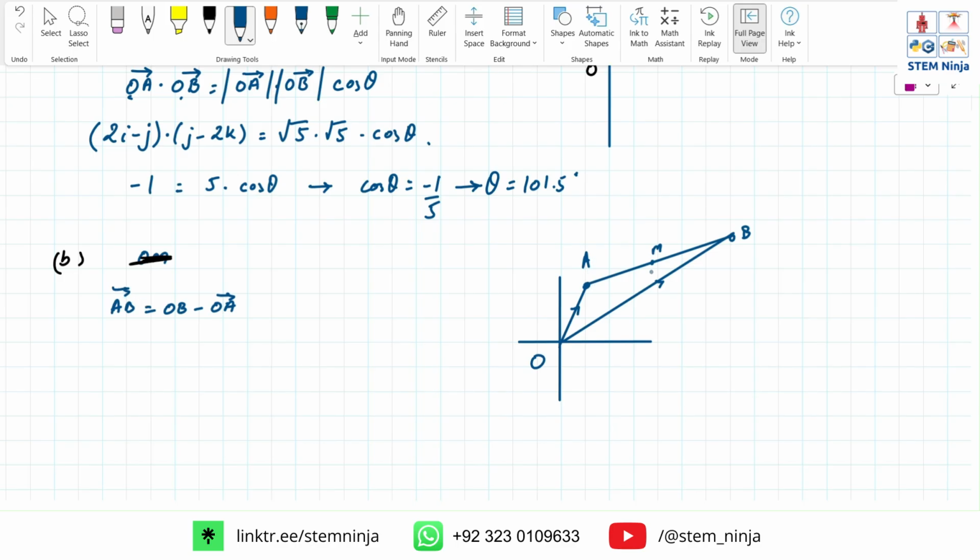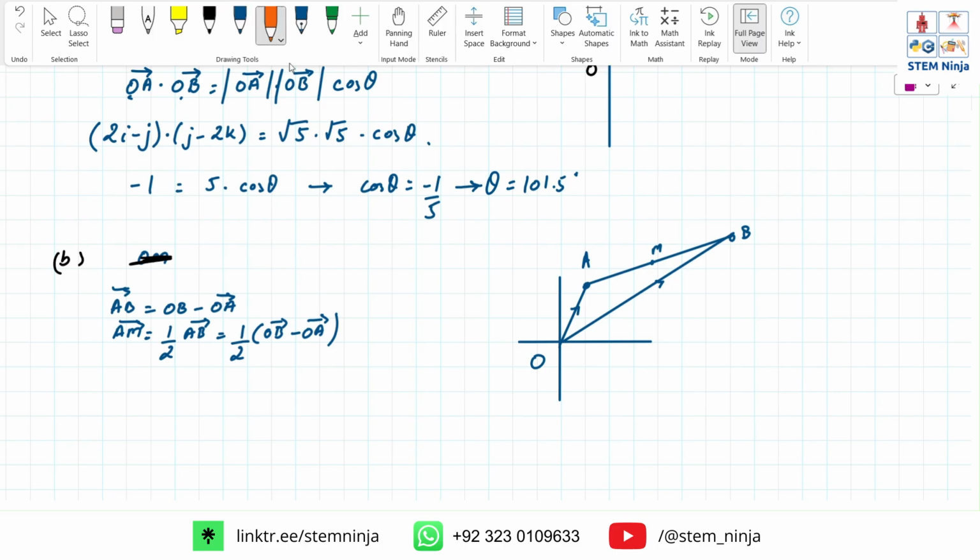And AM is half of AB, which means half of OB minus OA.